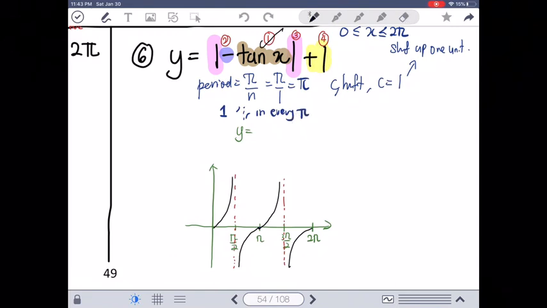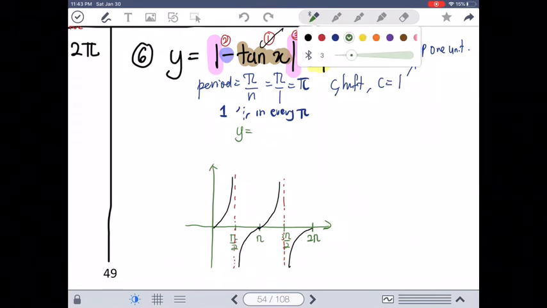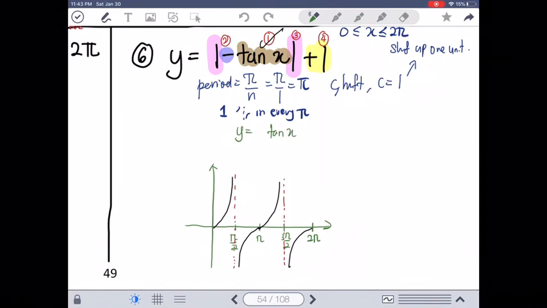Number 2, we need to consider reflection. We now consider the reflection about the x-axis, so reflect everything about the x-axis.